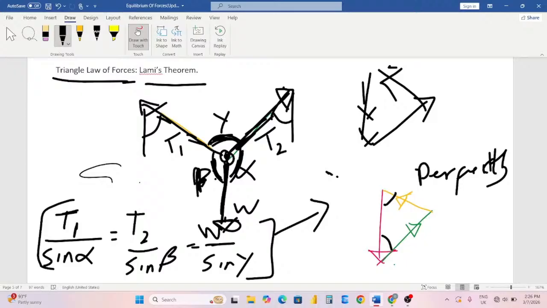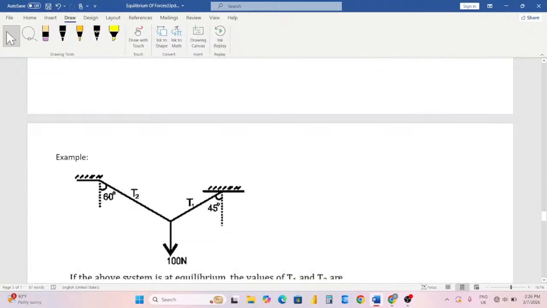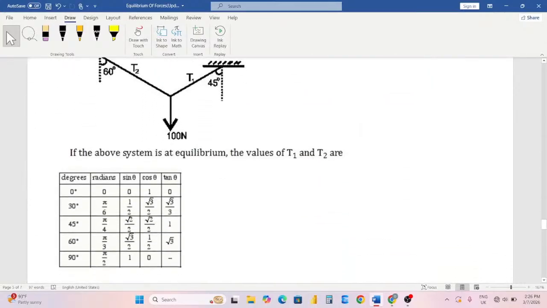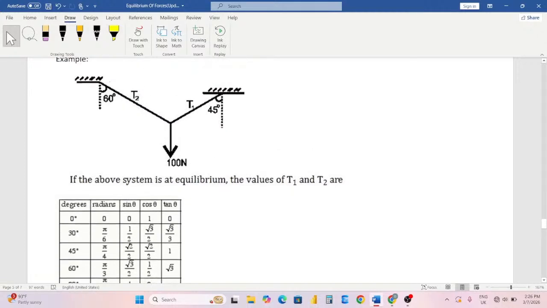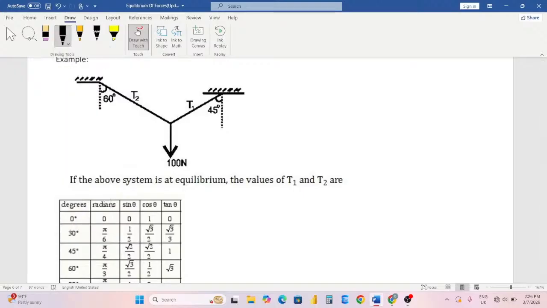So let's look for questions. I think I have one stored. Okay, perfect. Looking at this question, the first thing expected of us is to resolve the angles.